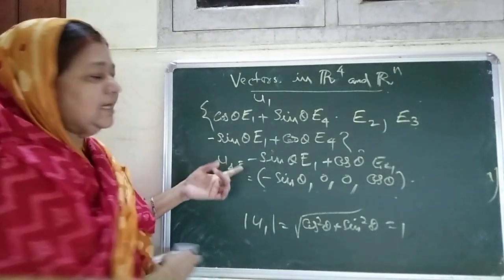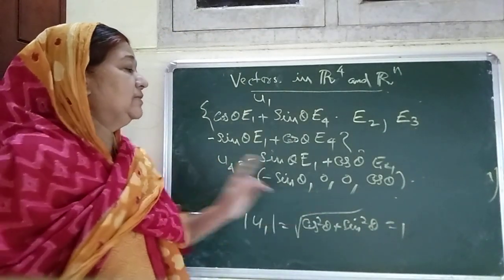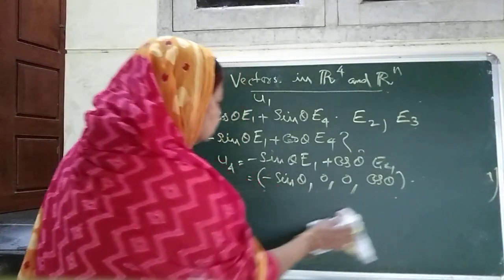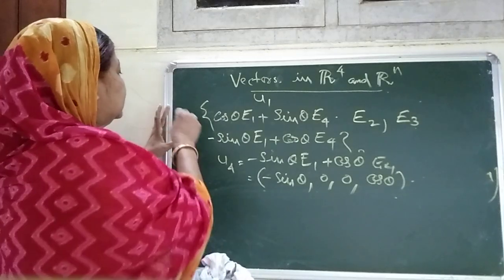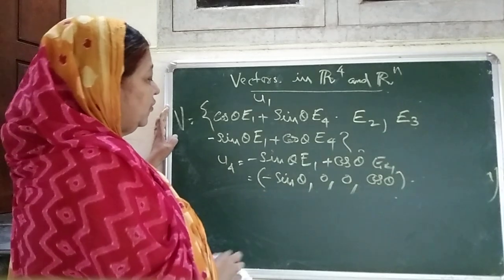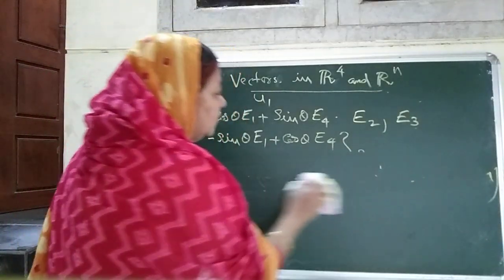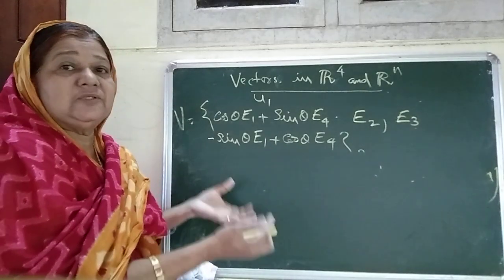Again we can see that the modulus is minus sin theta, the whole square is sin square theta plus cos square theta, so it is also unit. Therefore, these four vectors, the set of vectors, say V, have modulus unity. Again, we have to check whether they are pairwise orthogonal.